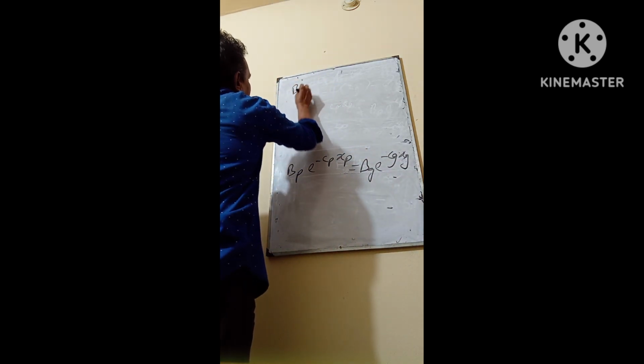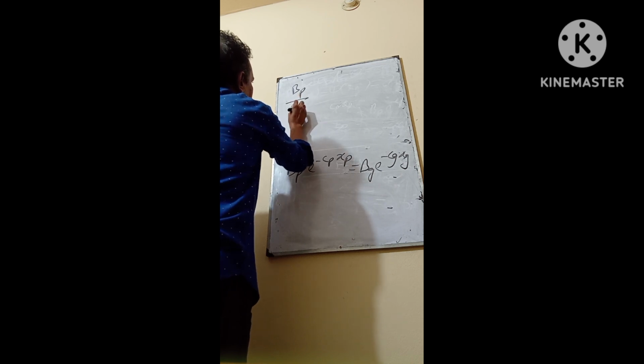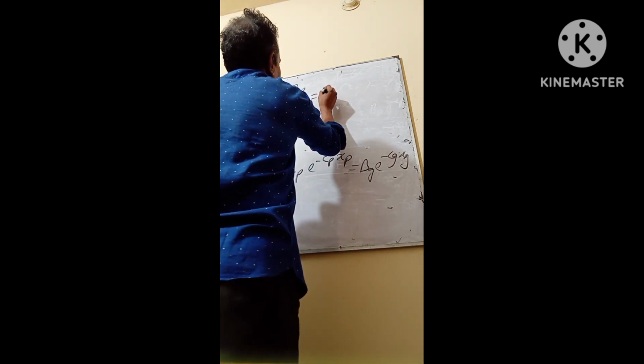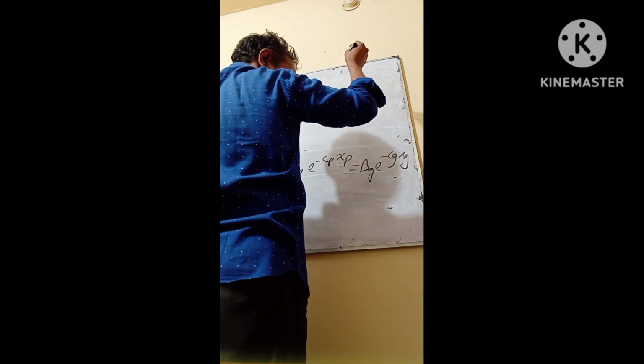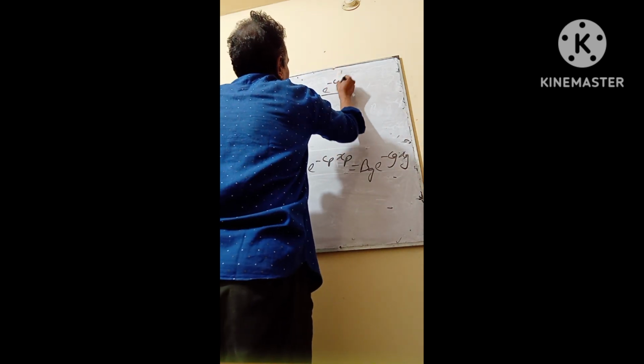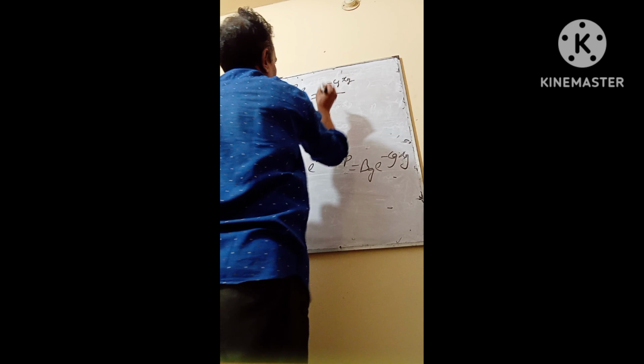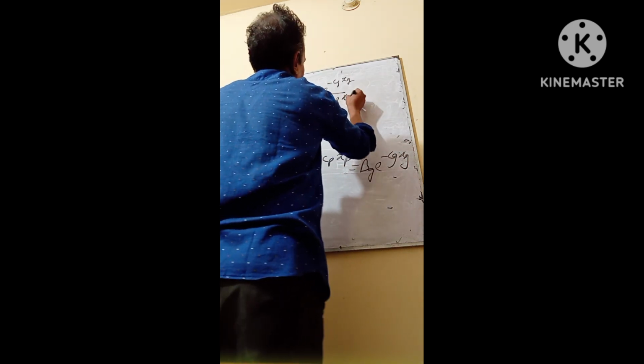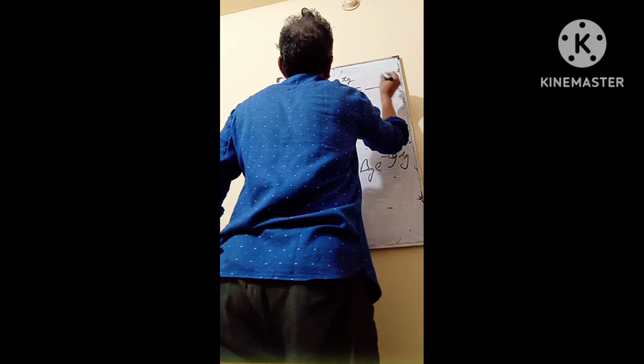Now BP by BZ equals e^(c_Z x_Z) minus c_P x_P. So e^(c_P x_P), e^(c_Z x_Z).